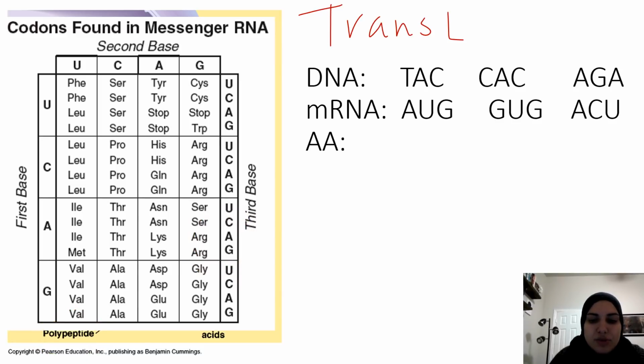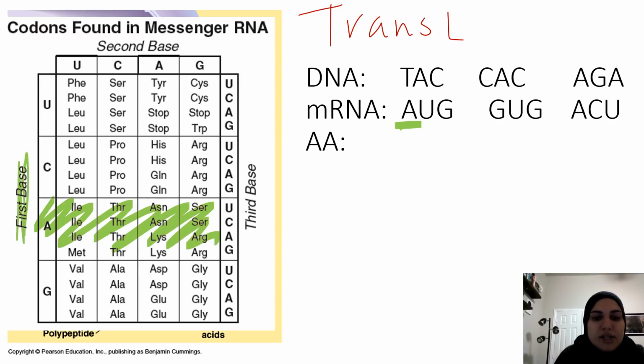Remember, I read 3 letters of mRNA at a time. So my first letter is A. So I look right here where it says first letter. A is right here. So all of these in the box have A as their first letter. Everything in the box is the name of one amino acid. Alrighty, my second letter is U. So I look up here at the top where it says second letter, U, I follow it down.